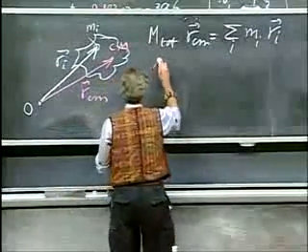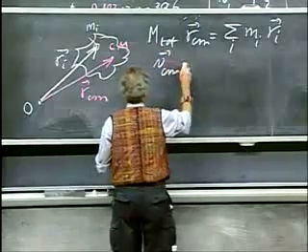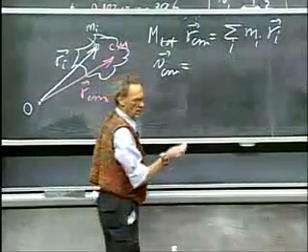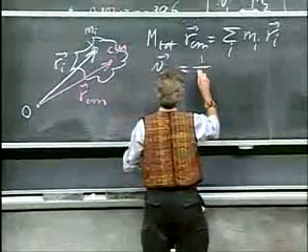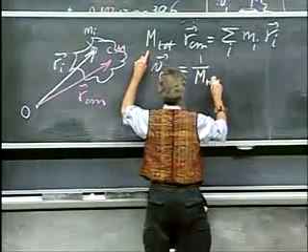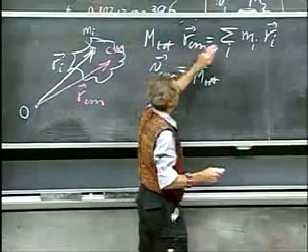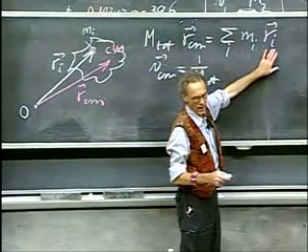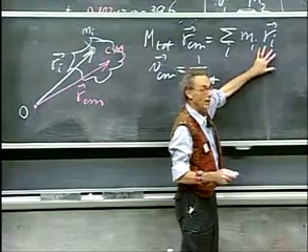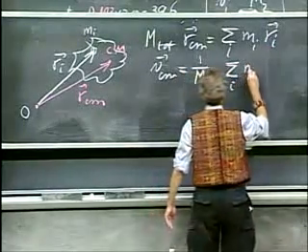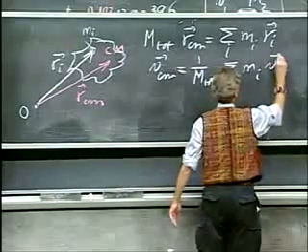V center of mass, I find that by taking the derivative of this equation, equals 1 over the mass total. I bring this on this side, I take the derivative here, and so here I get the sum of m_i times dr_i/dt, and so this is the sum over i of m_i v_i.